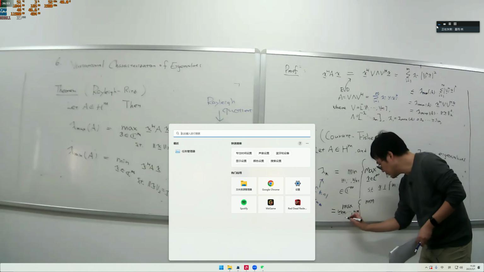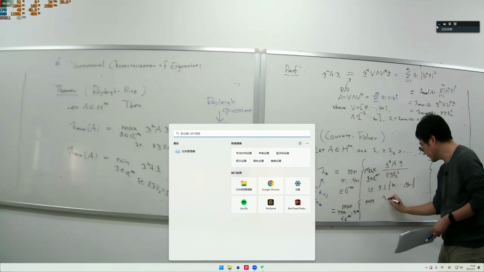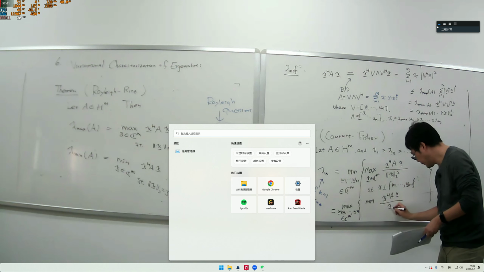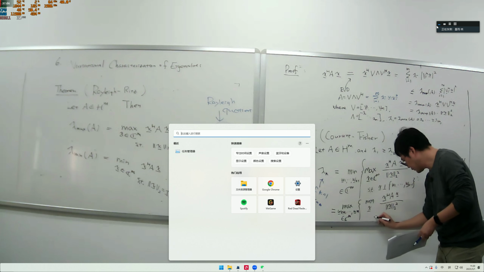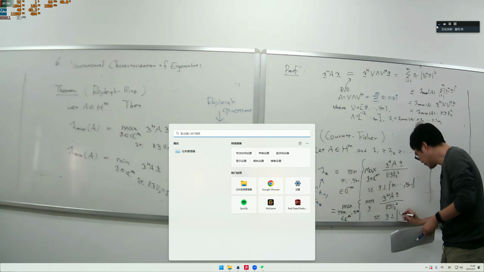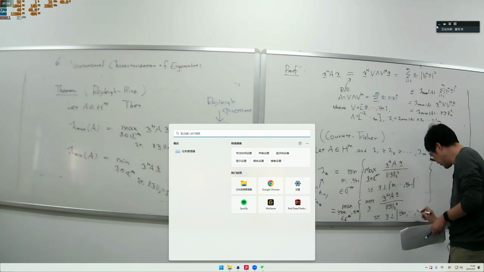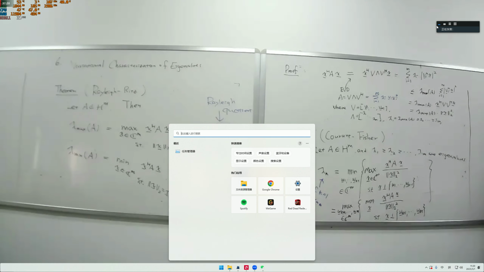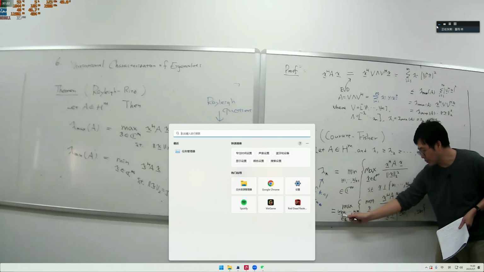Again, inside we minimize this Rayleigh quotient, subject to x being orthogonal to these m minus k vectors, from k plus 1 to m.